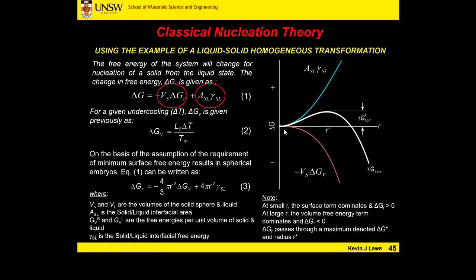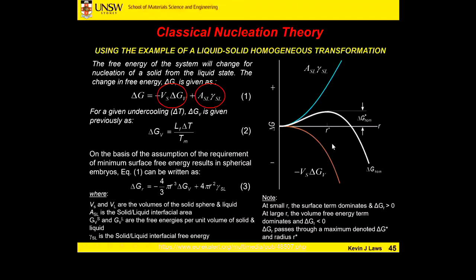And this one here, which is negative, of course, has to do with our volume. Hopefully you can label this correctly, see that the cumulative effect results in, firstly, an increase in energy and then a decrease in energy once we get to a critical radius value.